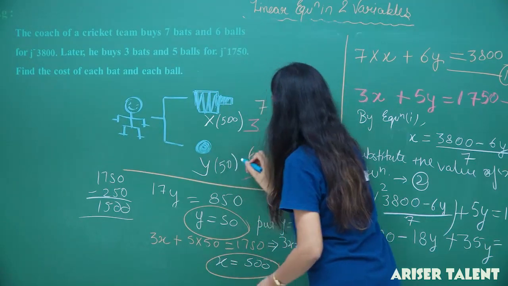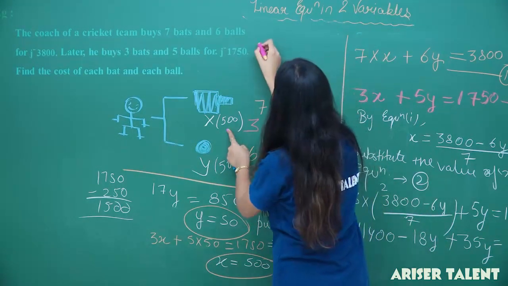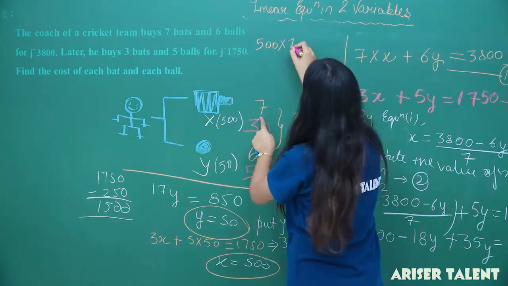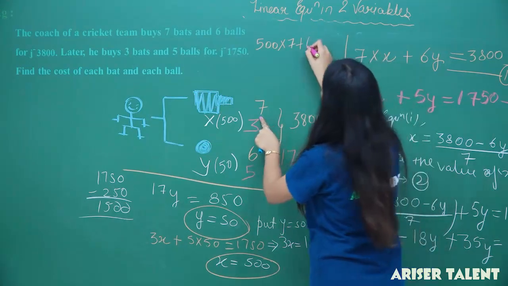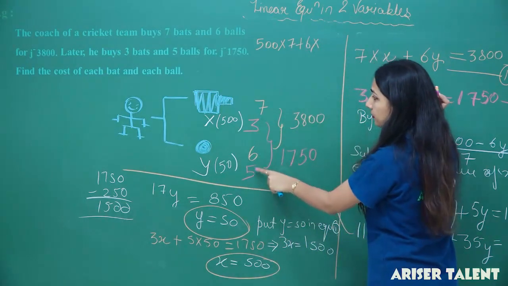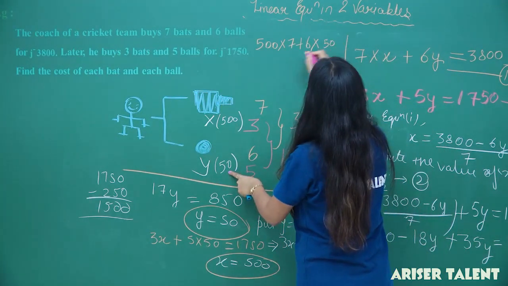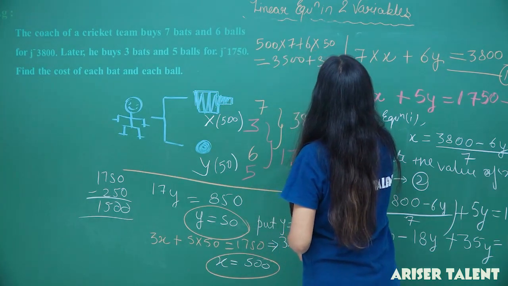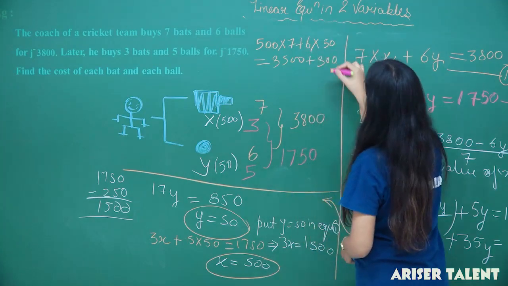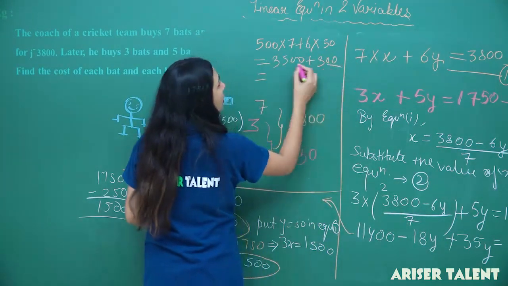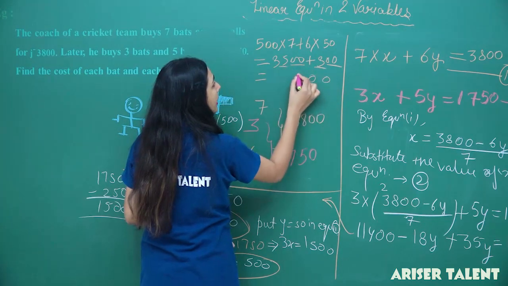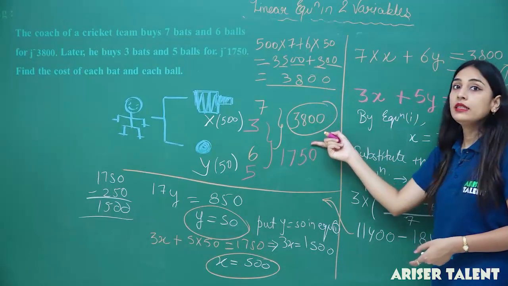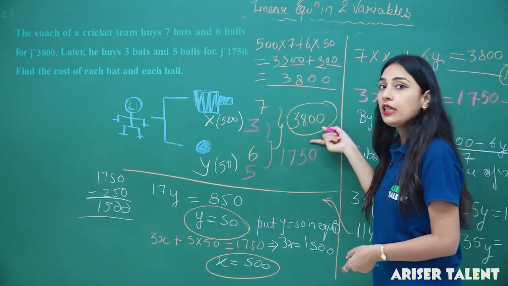So 7 bats at 500 rupees plus 6 balls worth 50 rupees is equal to 3500 plus 300, which gives 3800, the exact amount that was provided in the question.